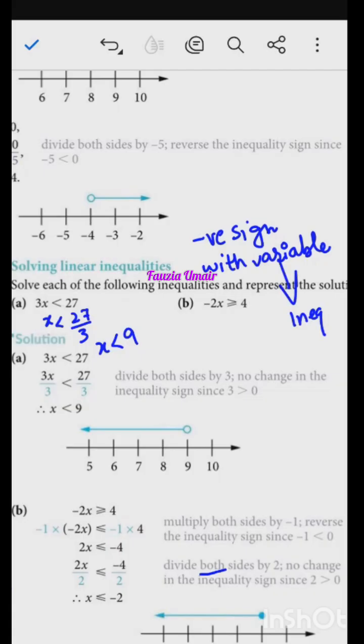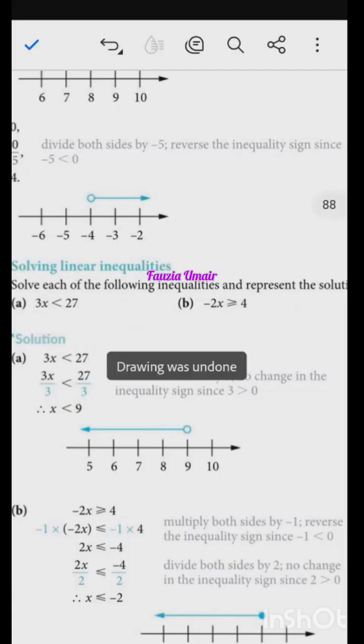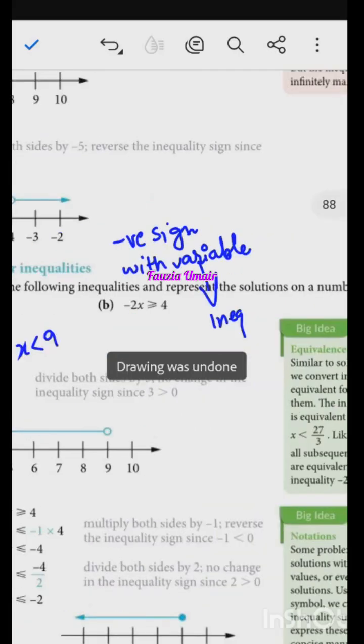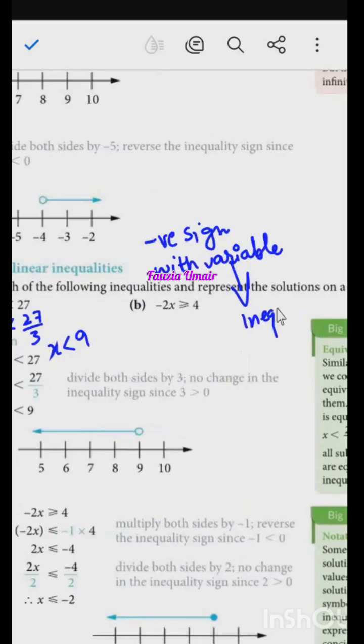Miss, how? I'm telling you, -2x. No, the inequality reverses.